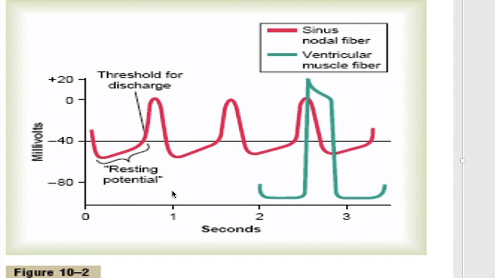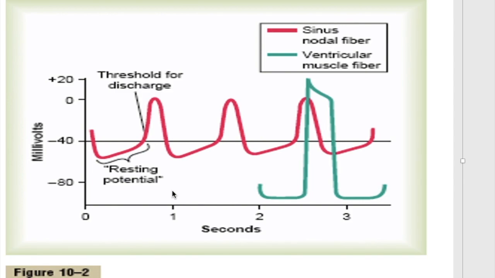How? The sympathetic branch enhances this current, so it increases the rate of phase 4 depolarization and hence the speed of the heart rate, while parasympathetic nerve stimulation has the opposite effect.